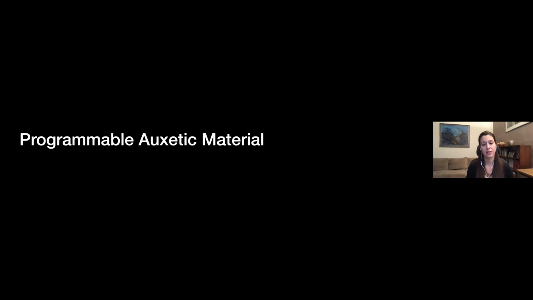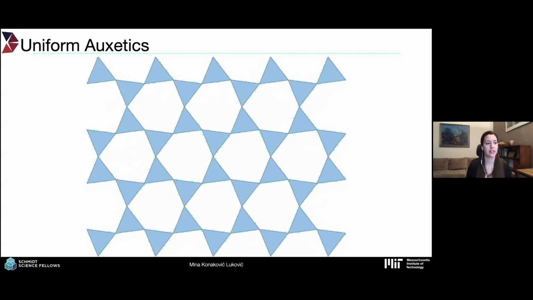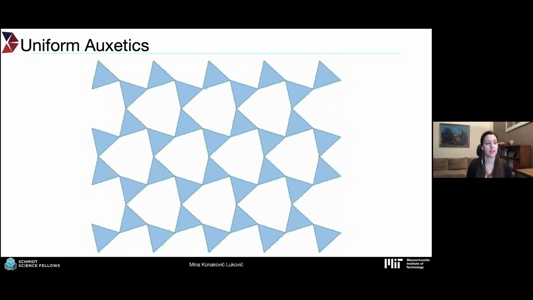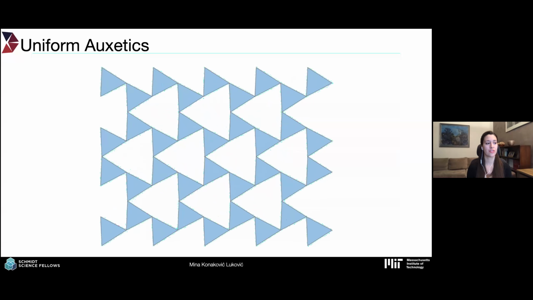So what we are trying to do in them is to encode the target 3D shape into the 2D material. And let me just tell you how we design these materials. So quickly recall what the regular auxetic patterns are. You have a bunch of identical triangles connected together, and they have this sort of locking behavior.